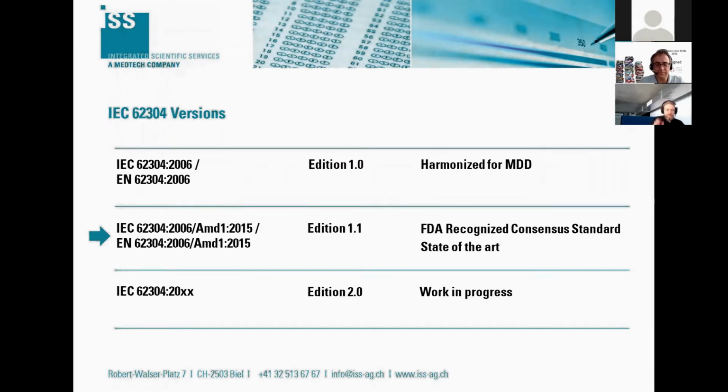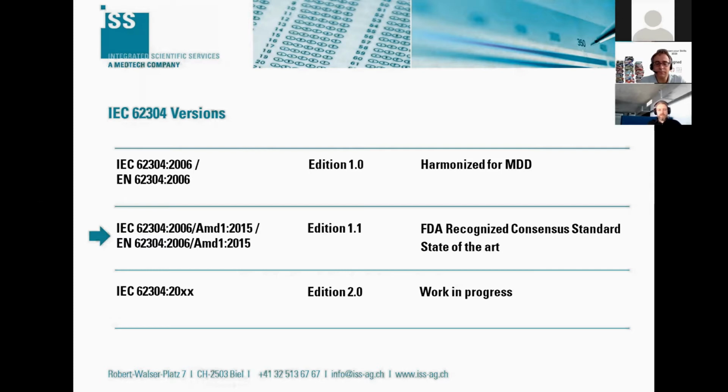So before we really start, there are multiple versions of the standard. If I'm talking about this standard, it's the current, well, the so-called current one, the edition 1.1, that's based on the old one, the edition 1.0, with some amendments done 5 years ago. There are some issues with edition 1.0 still being the harmonized standard for the MDD, but the MDD is on its way out.